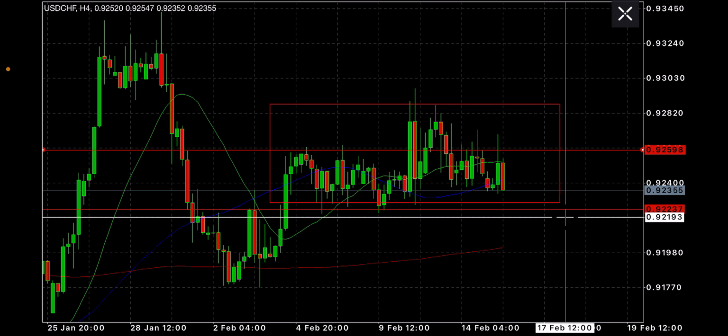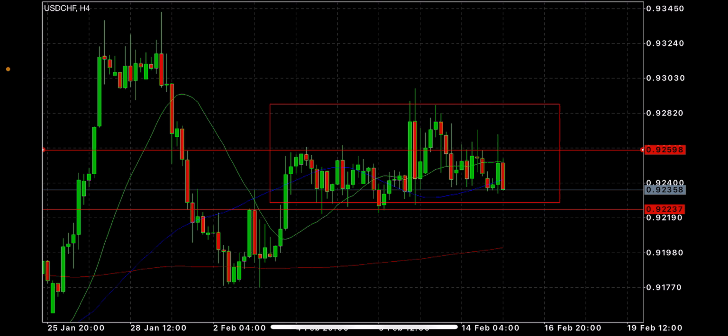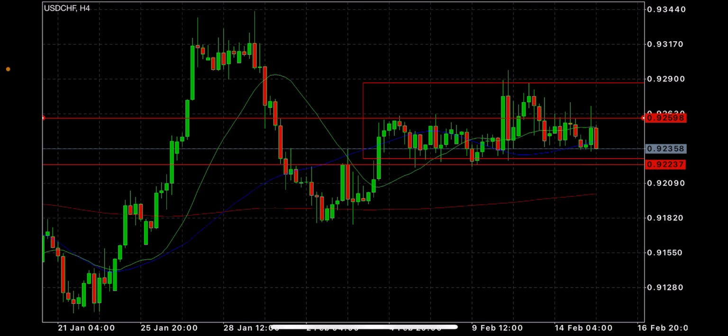Now, one would say that this looks very indecisive from a technical analysis standpoint. It does. But one thing about understanding fundamentals is that fundamentals give you context to exactly what you're looking at. Currently, the USD is weak due to the inflation affecting the American economy.